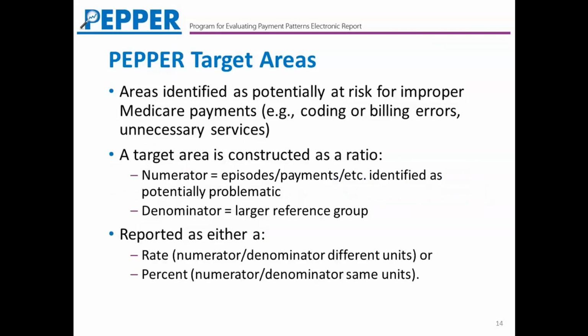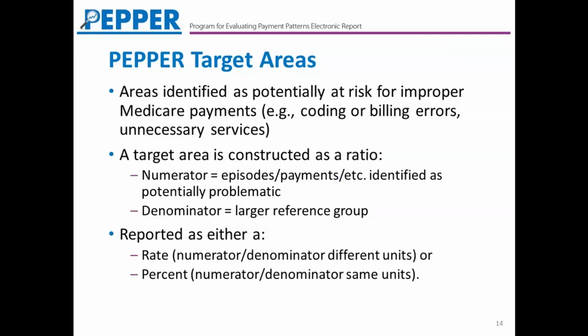The target areas in the HHA PEPPER were created according to the potential risk for Medicare payments and are calculated using a numerator and denominator. The numerator represents the episodes or payments or other measures that might be potentially problematic, and the denominator is a larger group. Now, in home health, we have 2 different types of results.